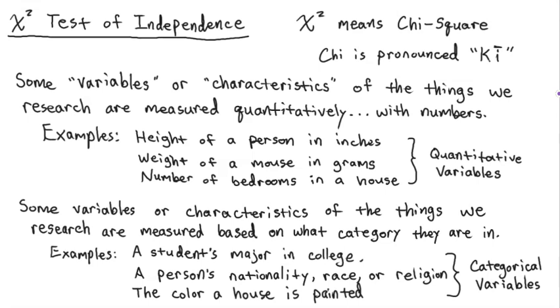Those words are compared to each other. We call them categories, so the variable is called a categorical variable. Or a person's nationality, what country they're from, or their race, or their religion. These are not numbers, they're categories, so we call them categorical variables. Or the color that a house is painted, blue or gray or red. These are all categorical variables.